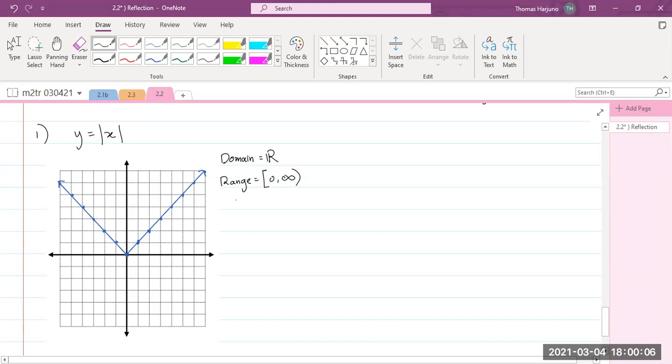This function has y-axis symmetry, so the axis of symmetry is x equals 0, or we usually say the y-axis. And it has vertex at 0, 0.